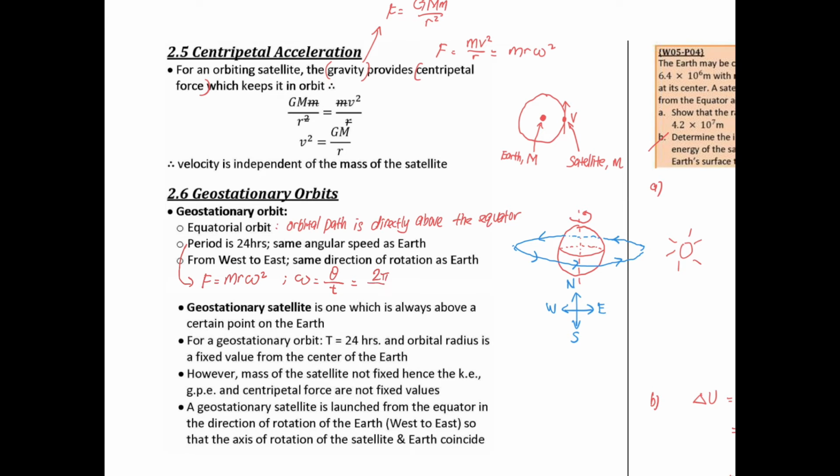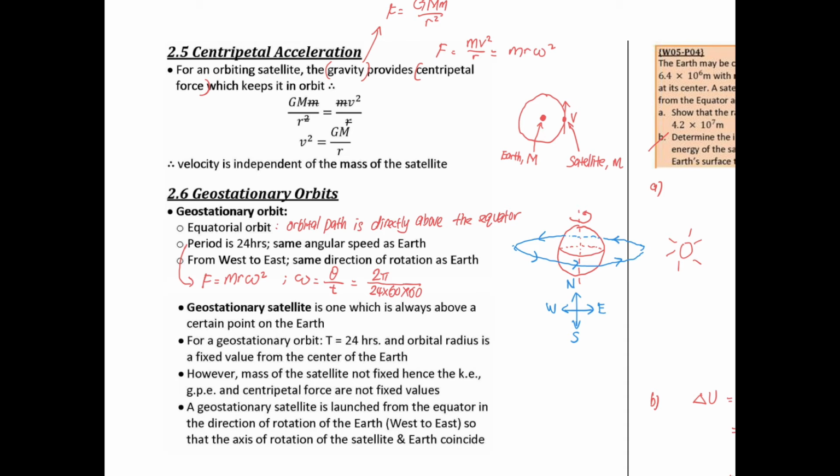The time is 24 hours, where we get 24 times 60 to change it to minutes, times 60 again to change it to seconds. By doing this, you will know the omega, the angular speed. We can count out the angular speed, and after that we can count out others, like maybe the centripetal force at the end. So at least the period of 24 hours helps in this sense.